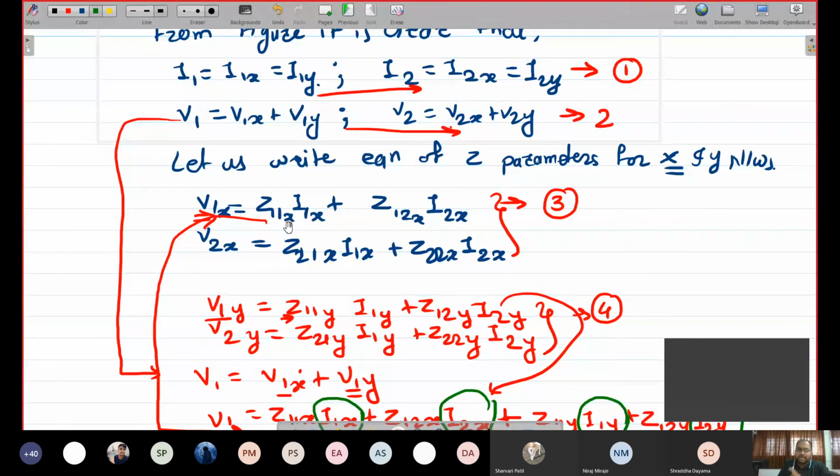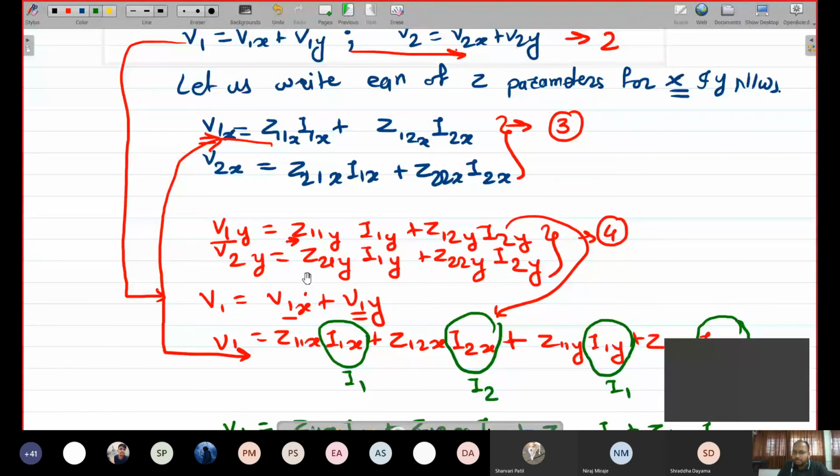Everywhere you have assigned a suffix X. Similarly, for the Y network, you have assigned a suffix Y. That's it. You know the Z parameter equations. Once you remember these, you are going to write only X and Y for every component present in the equations, right?